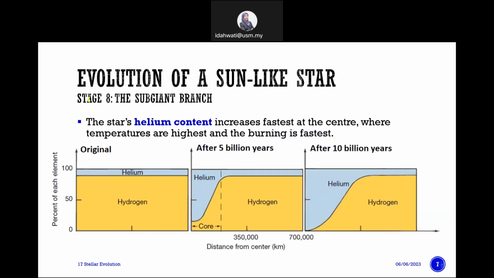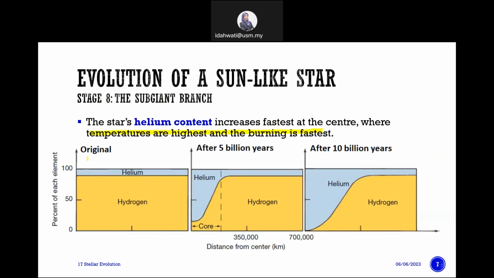Okay, so in continuation from the previous main sequence stages, we have stage 8, the subgiant branch. The star's helium content increases fastest at the center, where the temperature is highest and the burning is fastest.